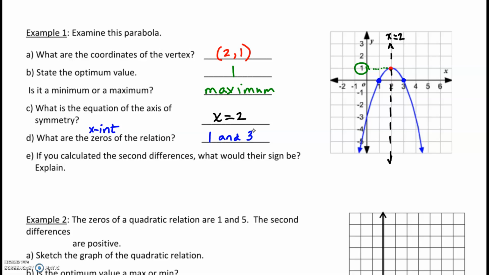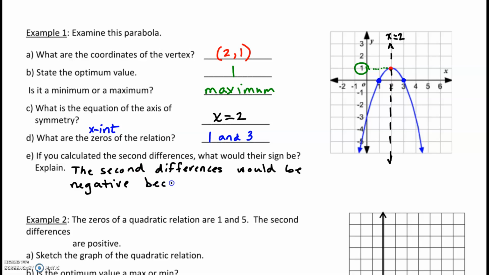So if I had a table of values of this graph, the second differences would be negative because the parabola is opening down. Let's go ahead and write that in. So the second differences would be negative because the parabola is opening down.